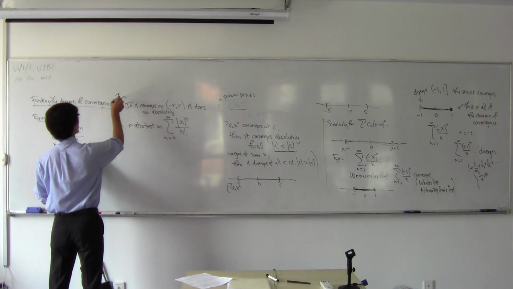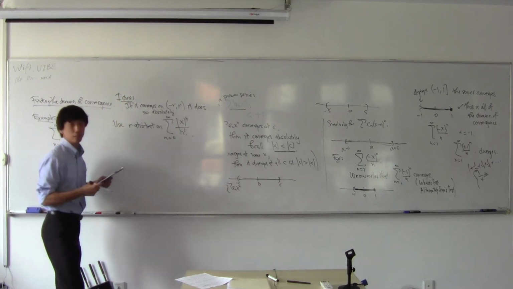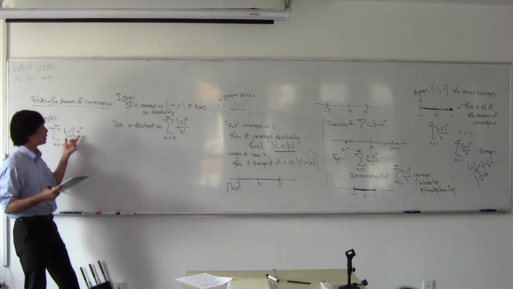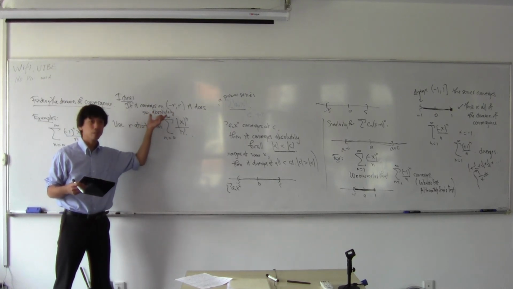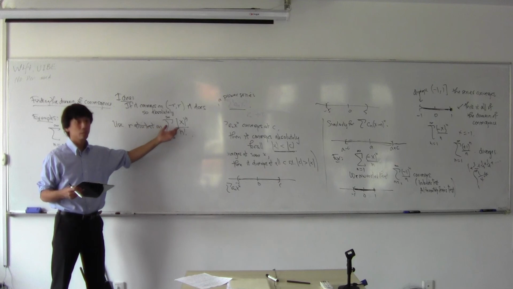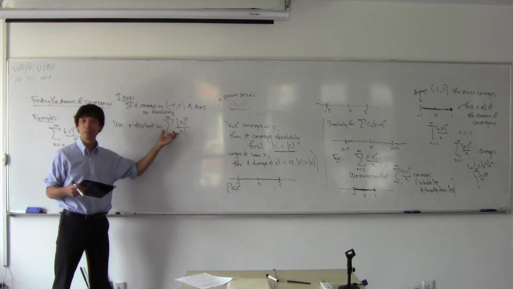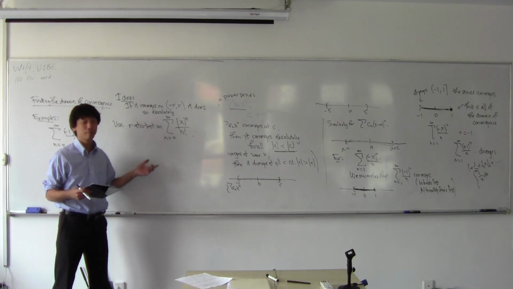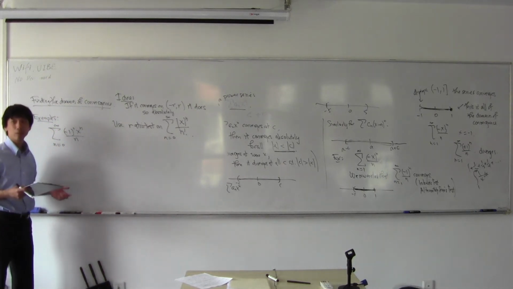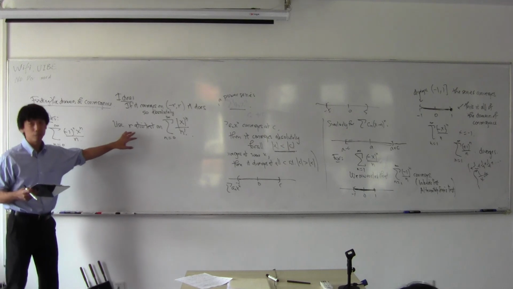So here's the idea: if this thing converges on some interval, it does so absolutely, so let's just check for absolute convergence.